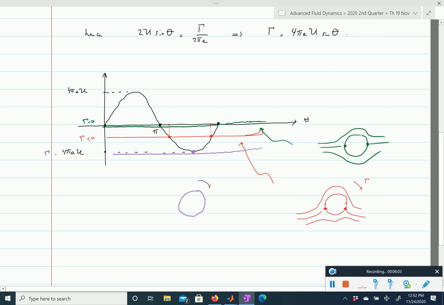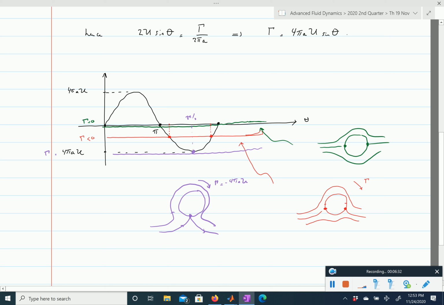Now I'm adding a lot of circulation, and this is when the two stagnation points come together at the bottom of the cylinder, at an angle 3 pi divided by 2. So gamma here is equal to minus 4 pi a u.